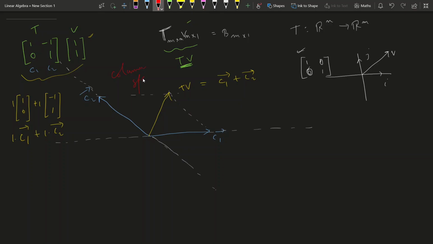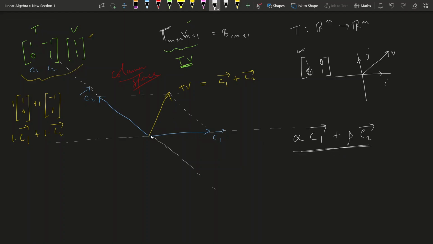column space. Why? Because c1 and c2 are the columns of the matrix T, and the linear combination of these two columns, which means alpha c1 plus beta c2, will give you the entire column space.